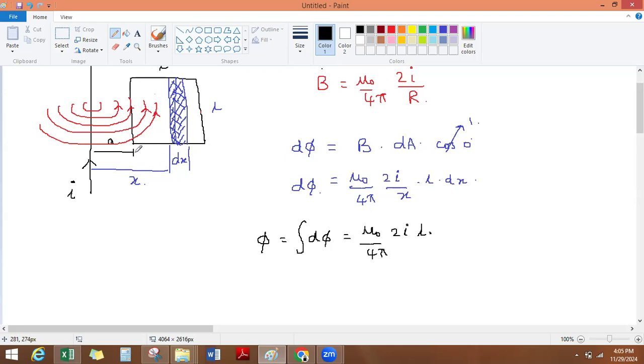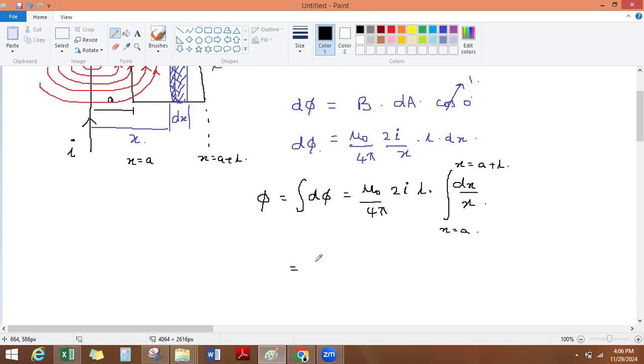It's going to change from x is equal to a to x is equal to a plus L. So let's call this location x is equal to a, and this location x is equal to a plus L. That means I'll be writing this as dx by x integrated from x is equal to a to x is equal to a plus L.